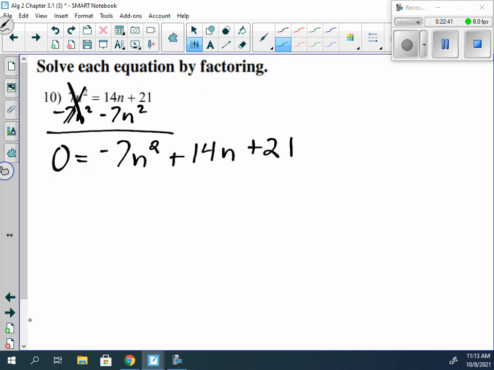Now again, just like we covered yesterday with factoring, I don't like having the n squared being negative. So we can multiply or divide by -1. We can factor it out. Whereas we just saw, since it's just a number, we can divide everything by -1. It would work the same thing. But is there a greatest common factor? 7, yes? So I could factor out or divide everything by -7.